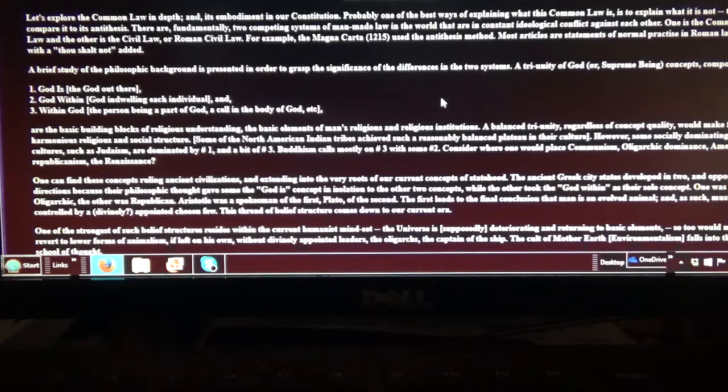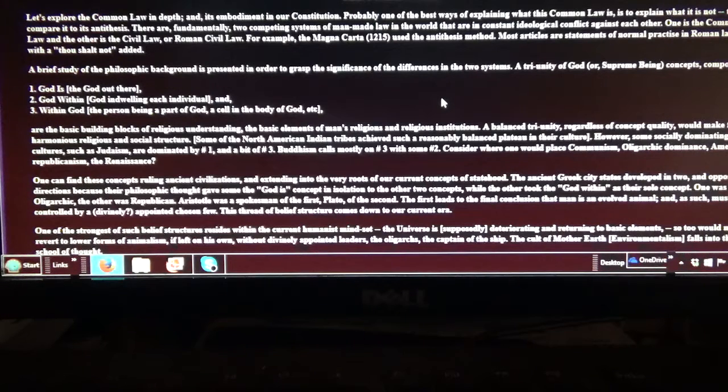A brief study of the philosophical background is presented in order to grasp the significance of the difference in the two systems. A triunity of God, or supreme being, concepts composed of, I'm sorry, I didn't read that right. It's okay. A triunity of God, or supreme being, concepts composed of: 1.